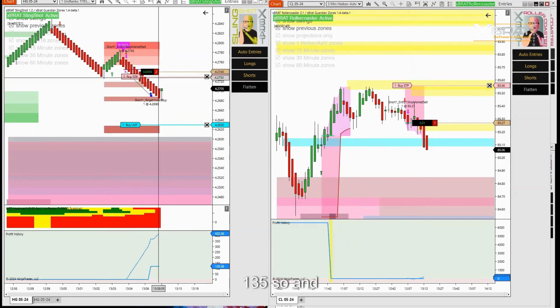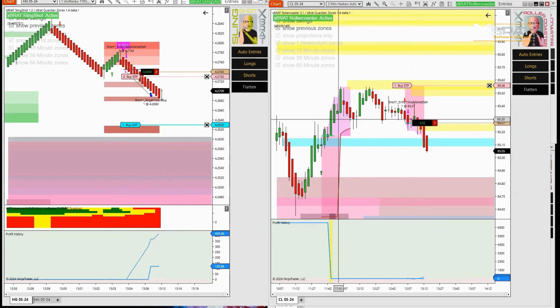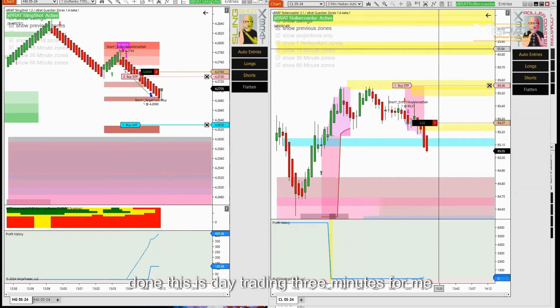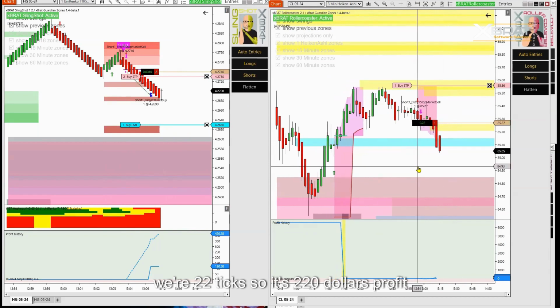So it's scalping. It's very aggressive on that trailing stop adjust. So we're risk-free on that already. Hence 3 contracts, really quick, boom, boom, boom, done. This is day trading, 3 minute for me. We're 22 ticks, so it's $220 profit on oil.